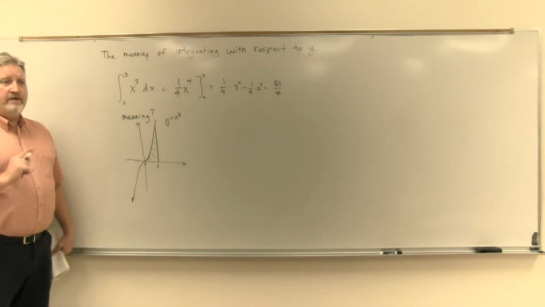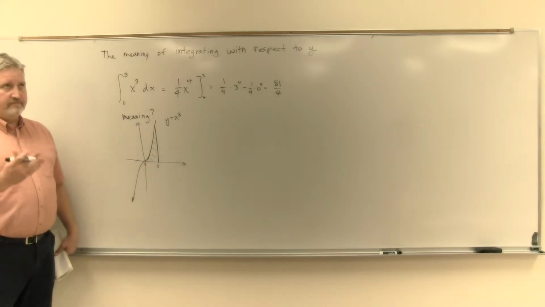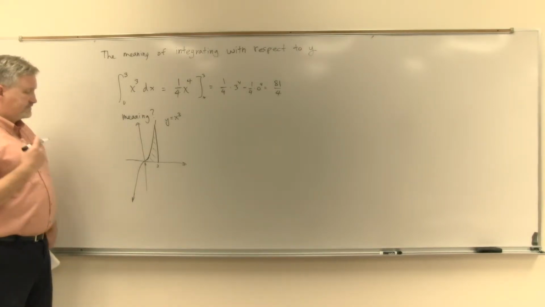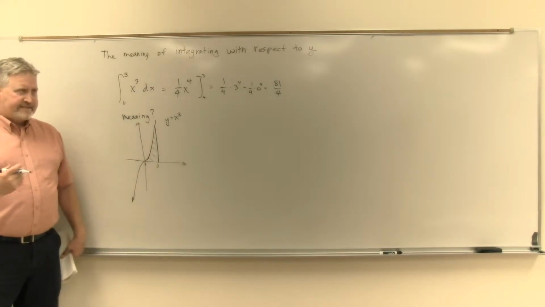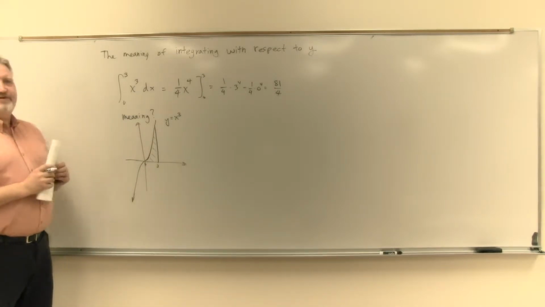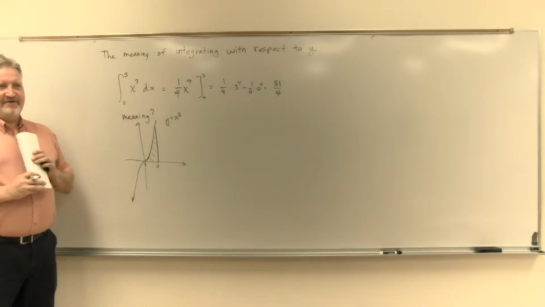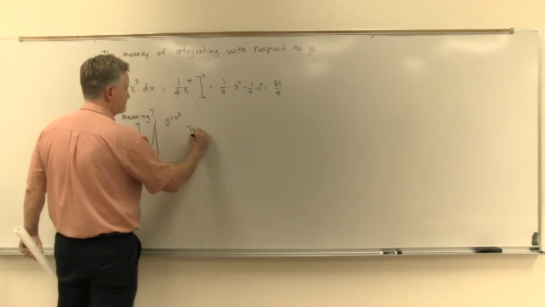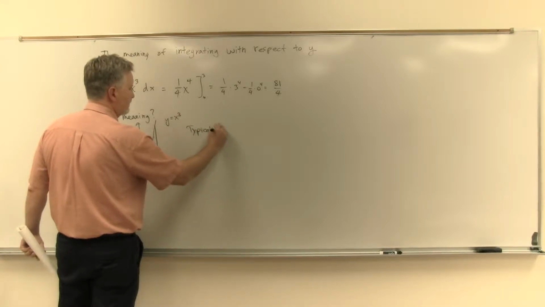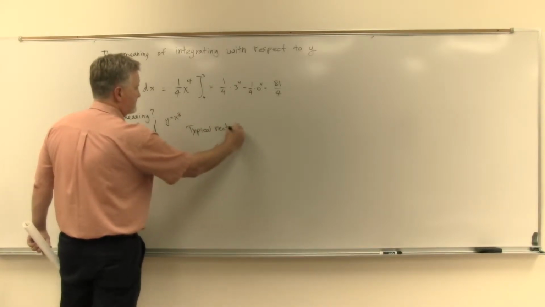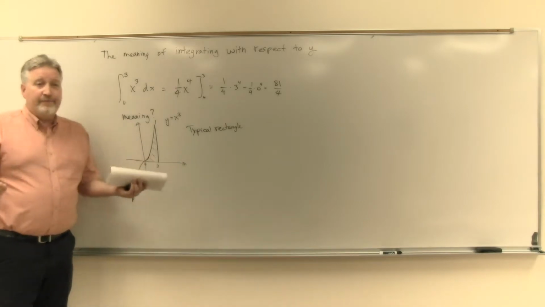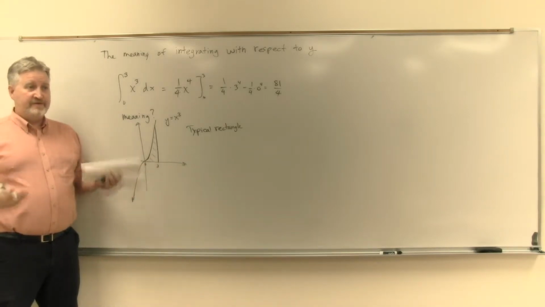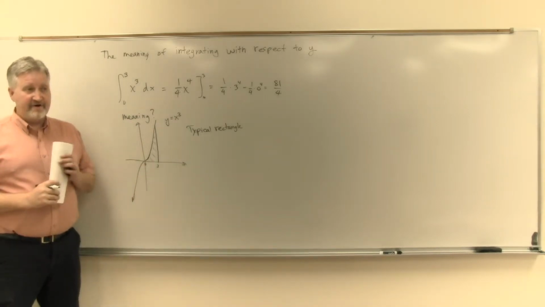Now, one other element that they'll want us to look at here is what they'll call the typical rectangle. And this goes back to when we first began talking about the area under the curve.